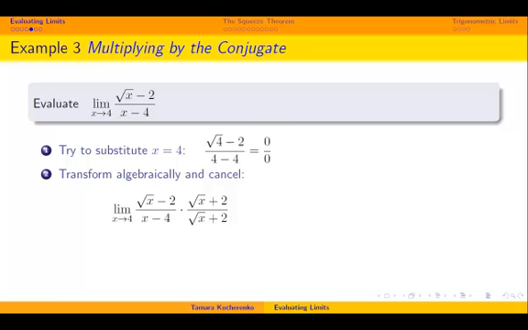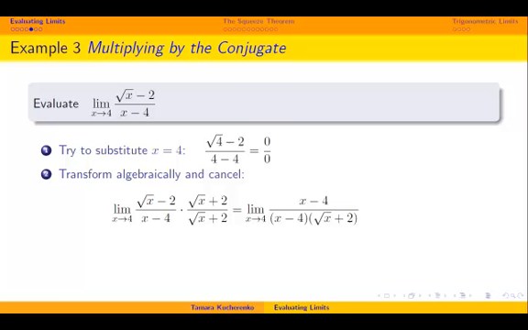In the numerator, we obtain the difference of squares. Square root of x squared, which is x, minus 2 squared, which is 4. In the denominator, we have the product of x minus 4 and square root of x plus 2.